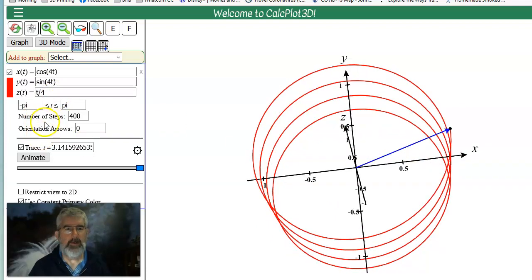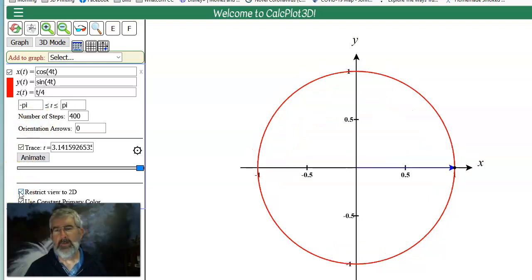If you were just in the 2D orientation, right? If you're just looking at the x and the y and you can't see what z is doing, well, yeah, you're going around the circle 4 times in the same amount of time that it used to take for 1 cycle. So you're moving faster around the circle, but it still looks like a circle. You wouldn't necessarily notice the difference.